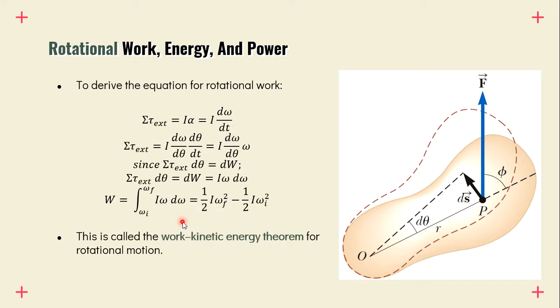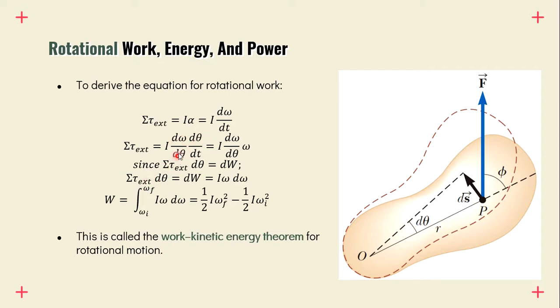How about work? So we know that torque is equal to moment of inertia times the angular acceleration, and this can also be expressed as dω/dt. Using the chain rule, because I want the denominator to be dθ and not dt, I will multiply dθ over dθ on this side of the equation.